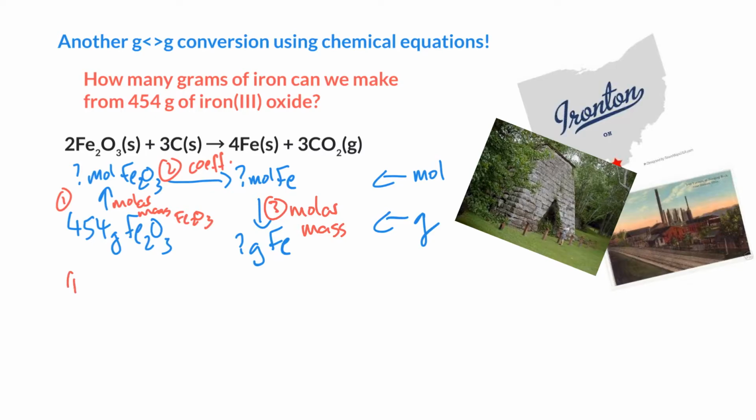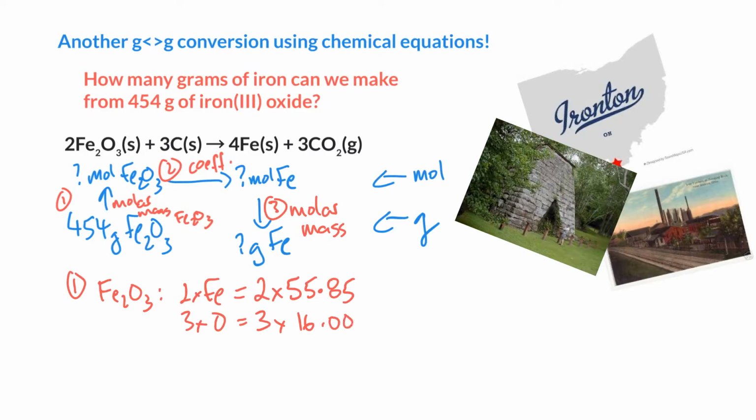That's extremely cool. So Fe2O3 is made up of 2 irons and 3 oxygens, and we have to look those up. So we got 2 irons. Iron on my handy dandy periodic table is 55.85, and oxygen is 16.00.